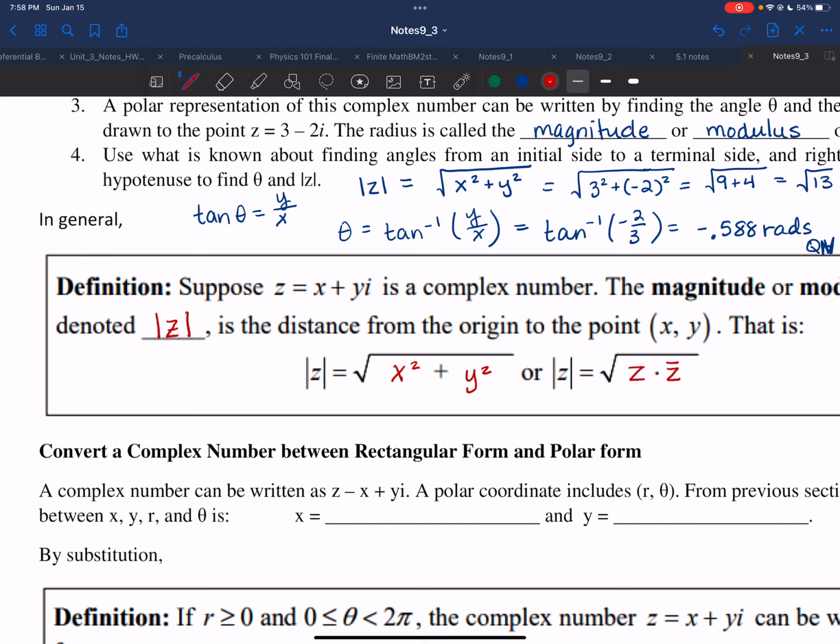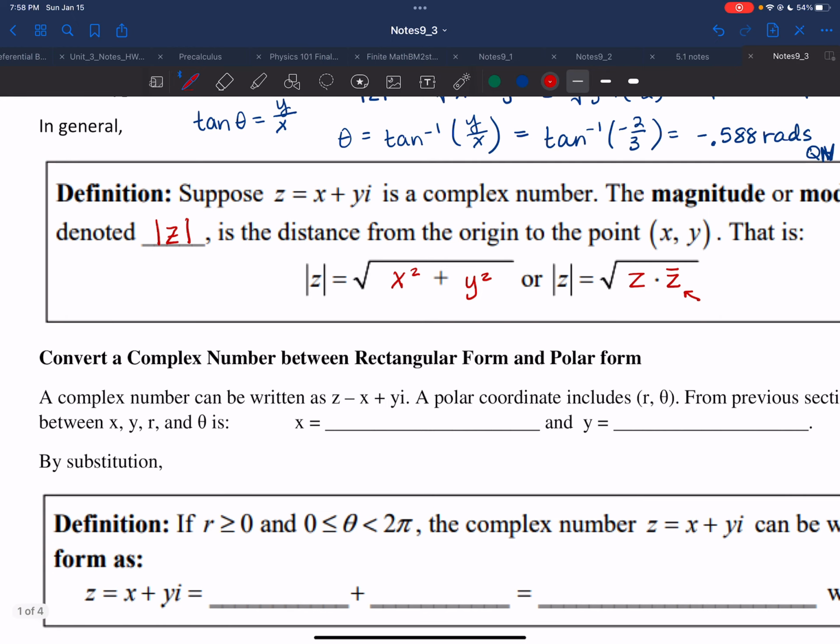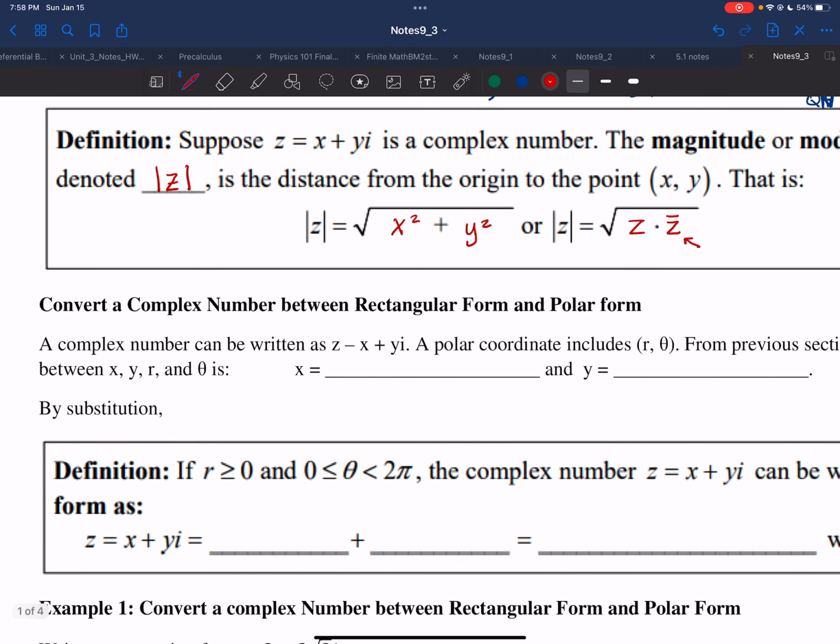So the z with the line on top is actually the conjugate that you're multiplying z by. So when I told you that the i goes away, that's why. But it's the initial expression, and then its conjugate.